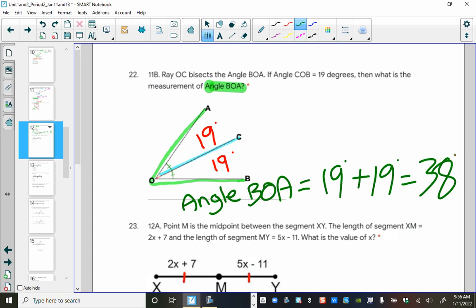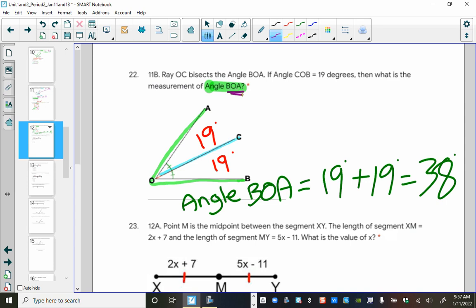Remember, with your angles, think about it like a road map. A lot of you are going to start driving soon. The letter B is your starting point. Your final destination is A, but we just can't go from B to A like this.